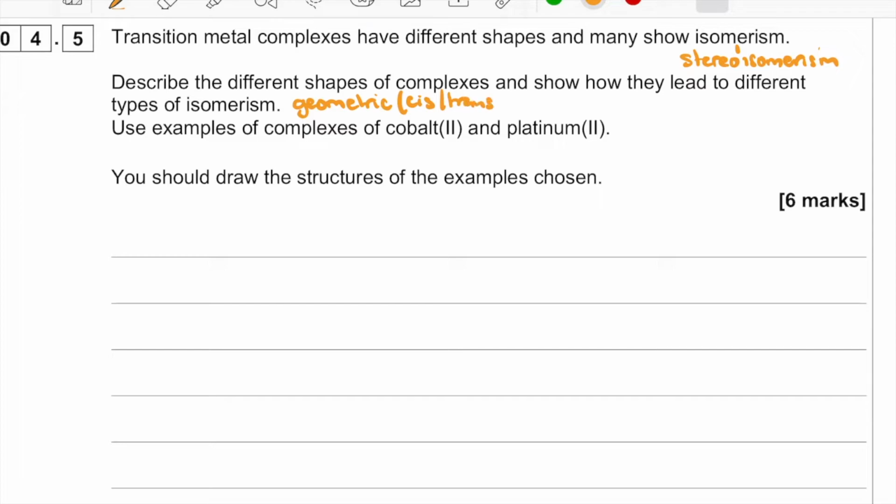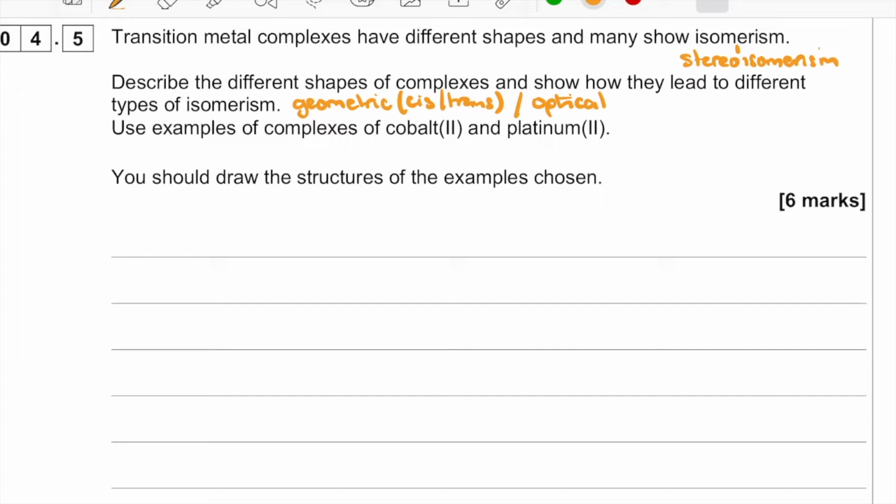So in the case of metal complex ions, we're talking about cis-trans, but we can also get the other one, which is optical. Okay, so we can get geometric and optical isomerism.